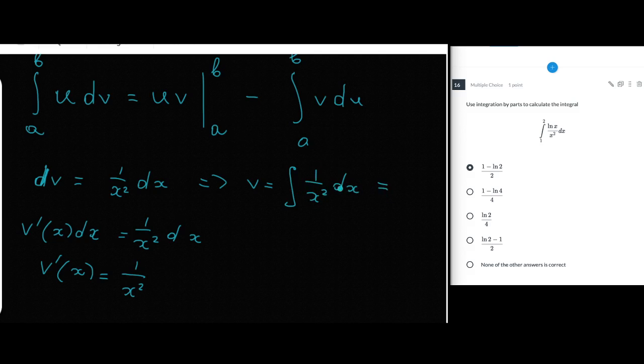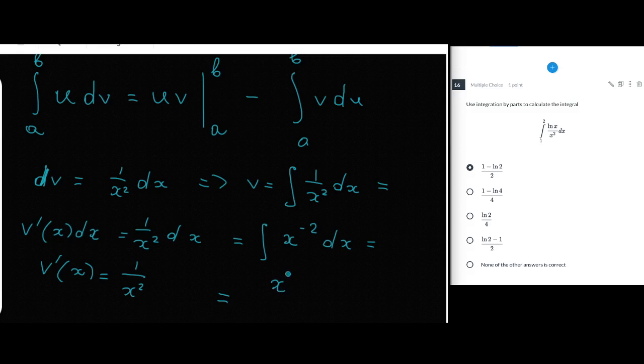Now, fortunately, this is not a complicated integral. We can rewrite 1 over x squared as x to the power negative 2. And then we can finish the integration by using the power rule. The power rule says that when you integrate a power of x, we need to increase the exponent by 1.